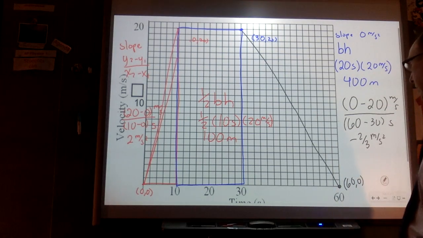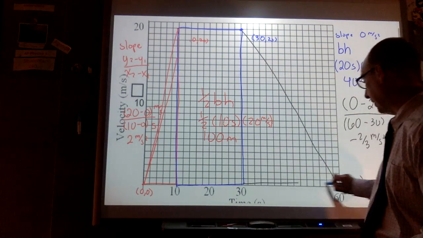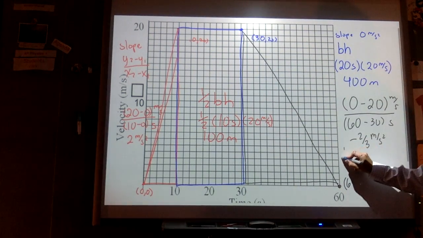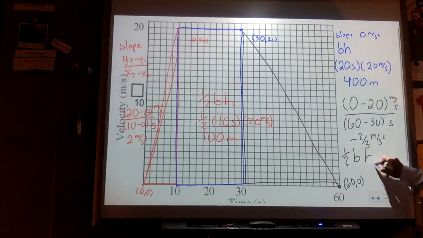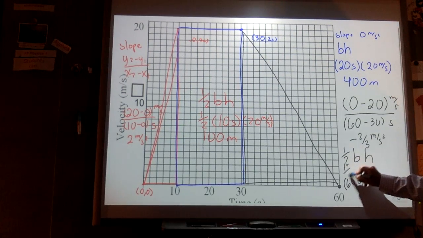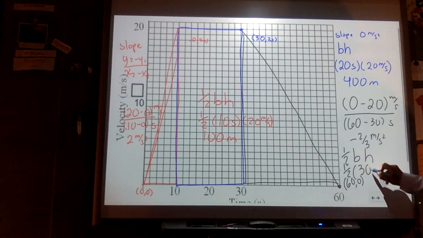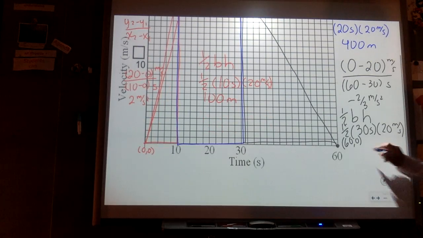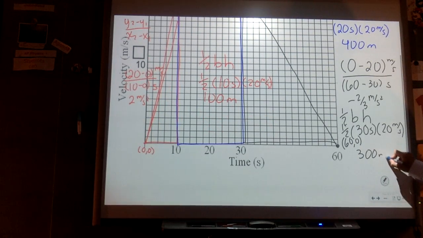And finally, how far did I go? That's going to be this big triangle here. And so that would be just 1/2 base times height. So this is going to be 1/2 30 seconds times 20 meters per second, which is going to be 300 meters.